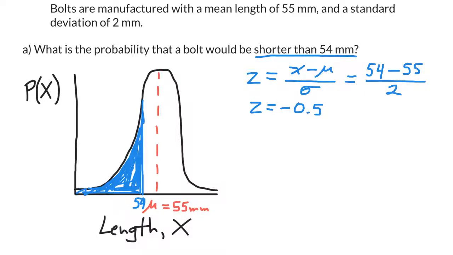So when I'm calculating my probability, I'm looking for the probability that the length is less than 54 millimeters. This is the same as the probability that the z-score is less than negative 0.5. So now at this point, I need to pull out my z-score table to figure out the corresponding area under the curve.